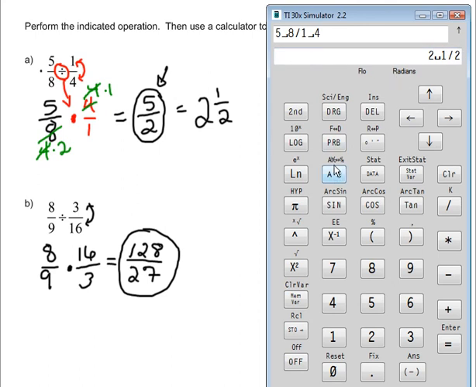Up above the fraction key, that's what's going to allow us to go back and forth between a mixed number and an improper fraction. So if we press second, because we're going to do what's up above the key, press second and then press the fraction key, notice it says take the answer and change it from a mixed number to an improper fraction. Now when we press enter, there's the 5/2 that we had come up with.